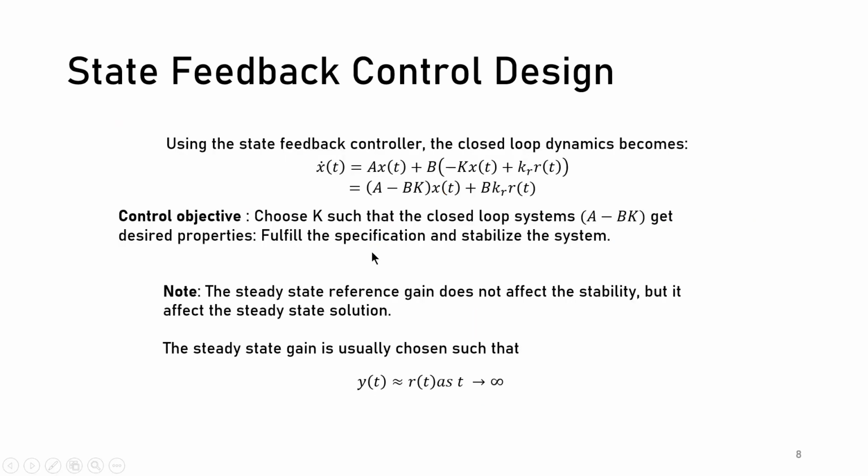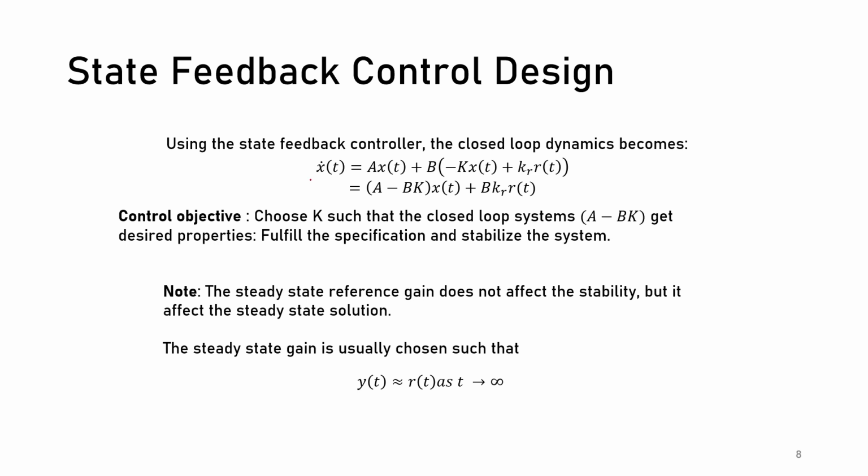Okay. So now we know how to make simulation once we know all the parameters. And for the dynamic system we know A, B, C, D. Now we need to choose the right K and KR in order to have the system stable, right?